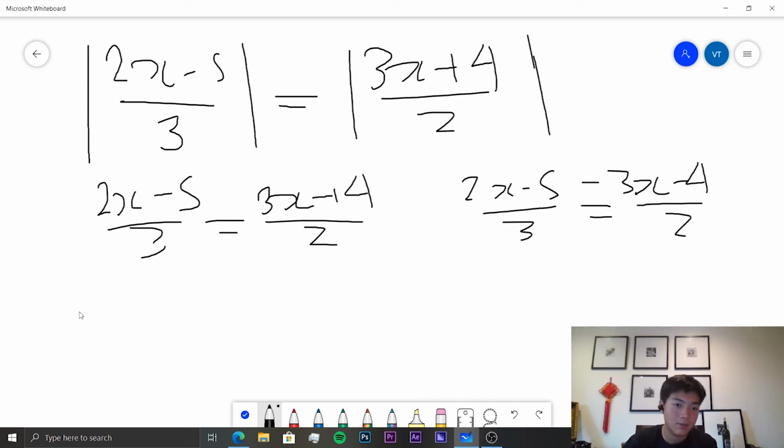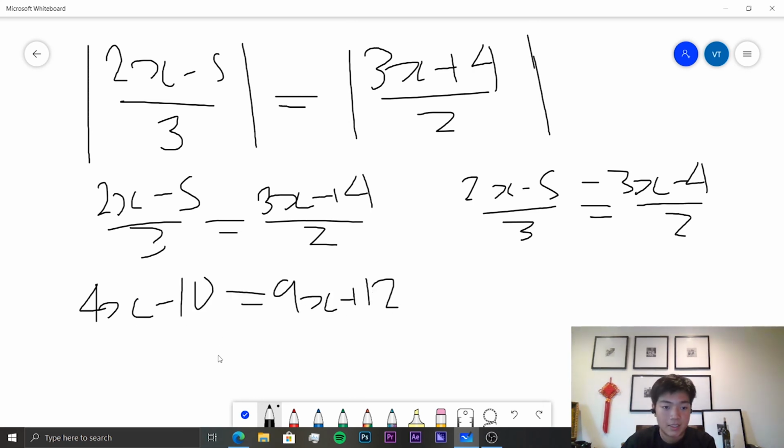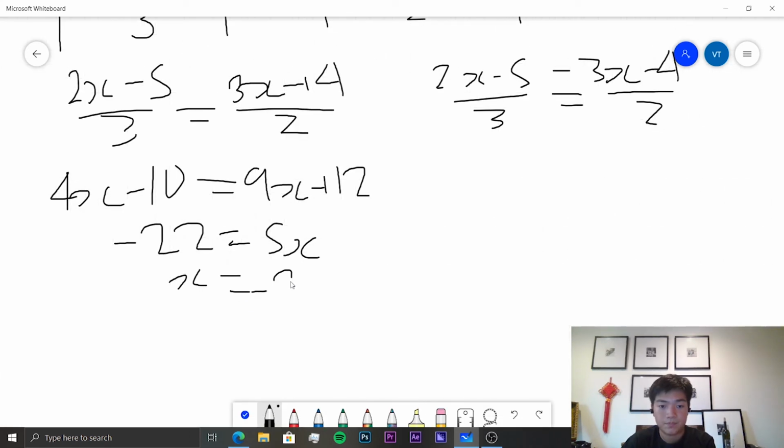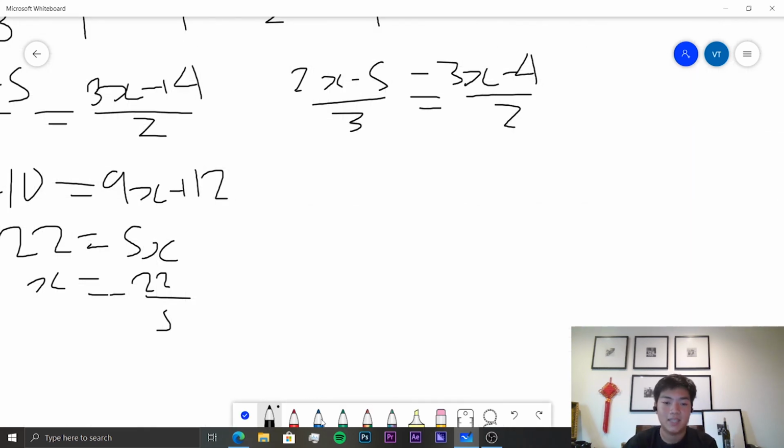So for this case, we can say that 4x minus 10 is equal to 9x plus 12, and so we have negative 22 is equal to 5x, so x is equal to negative 22 over 5. If you didn't understand, I was multiplying this side by 3 and this side by 2, so both sides by 6, really.